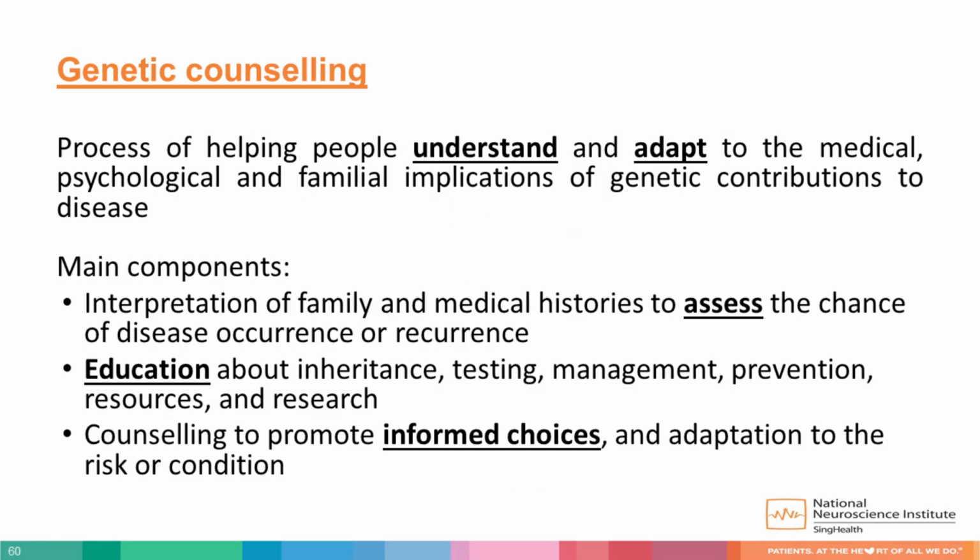Okay, what we do in the session is try to explain how diseases are passed on from generation to generation. We also try to explain how the testing works. I think there are some questions in the chat group about costs, etc. What are the insurance implications, the implications for your employment, and the implications of planning a pregnancy. So we go through all these different aspects when we're doing genetic counseling.